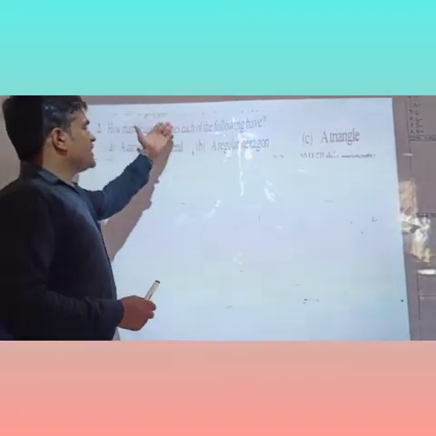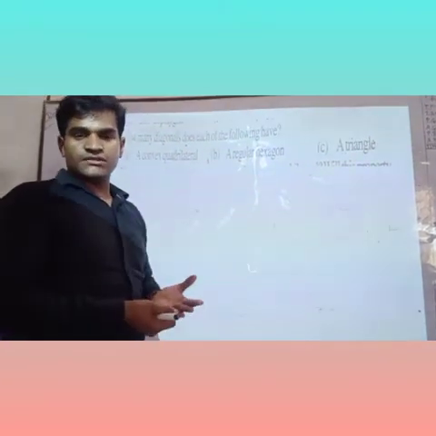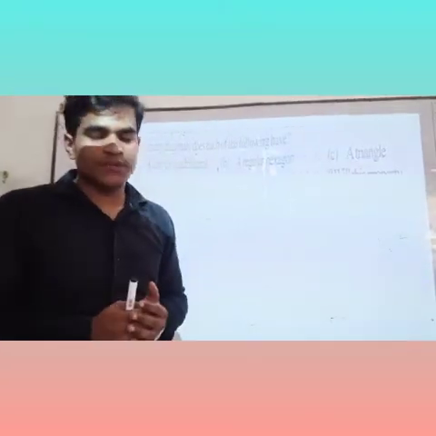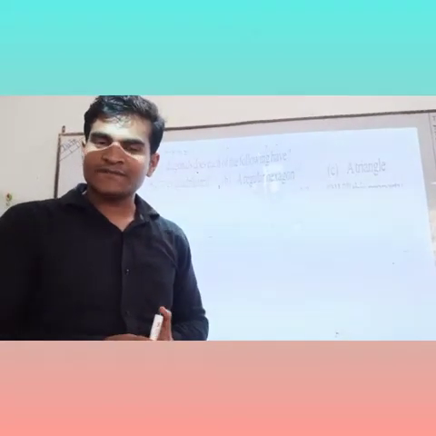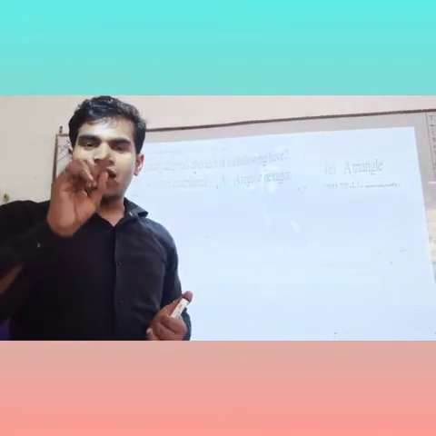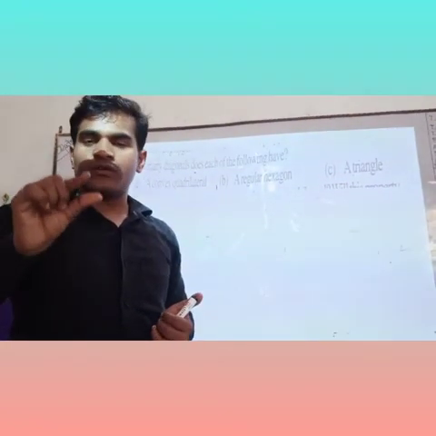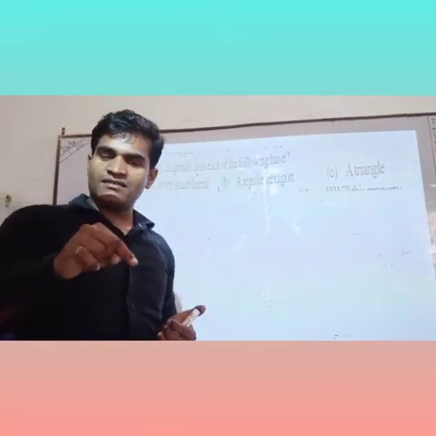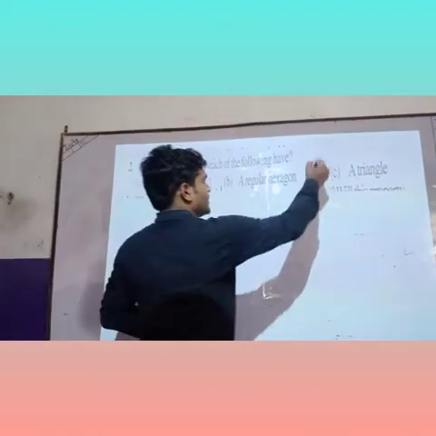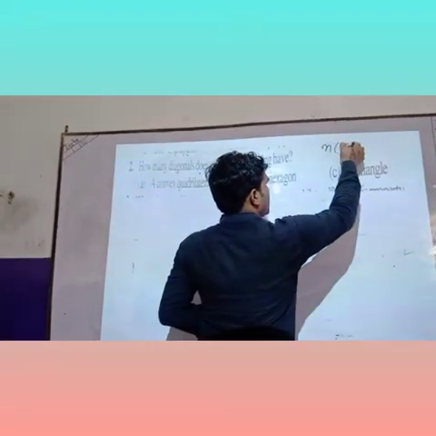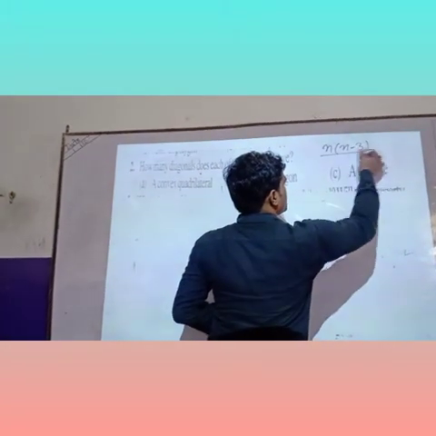How many diagonals does each of the following have? So remember the formula. What is the formula? The number of diagonals of a polygon is equal to n into n minus 3 upon 2.